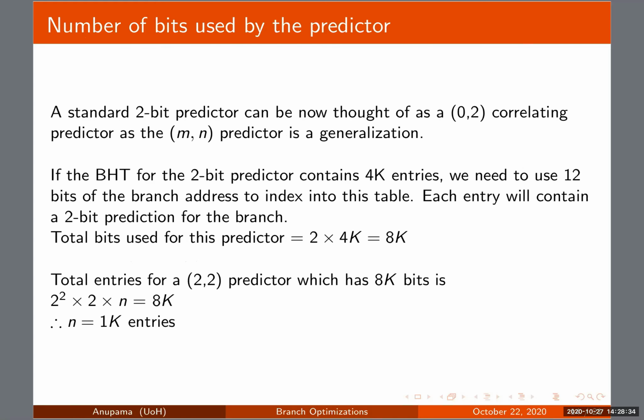I believe that beyond a 3-bit predictor, normally the accuracy improvement is not very high. So most processors don't use beyond 3 bits for the predictor value. So there they go from 000 to 111, but how many entries do you have in the predictor table? That is one question we need to ask.